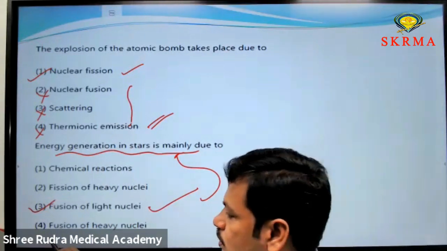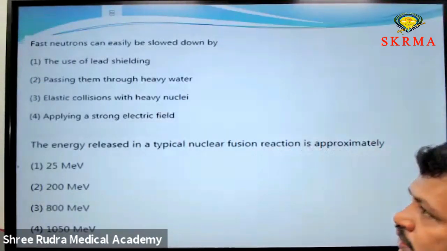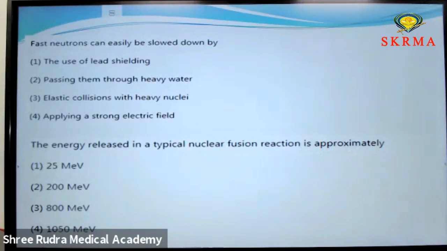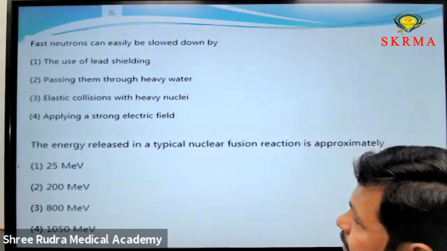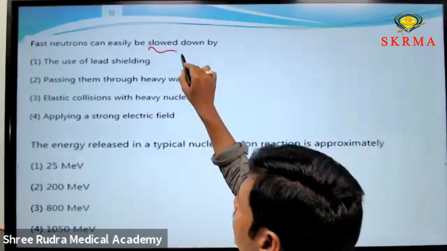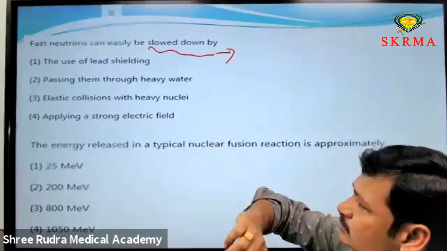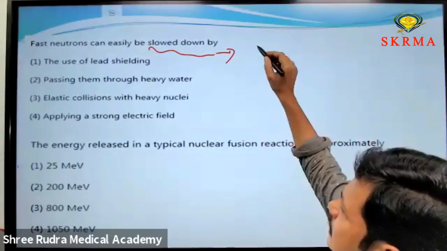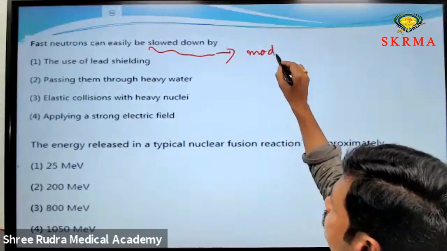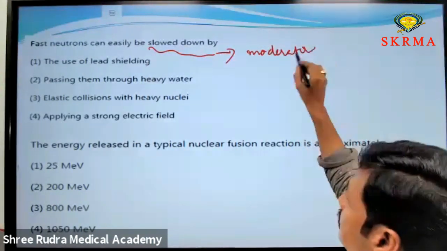Coming to the next one: fast neutrons can easily be slowed down by. Indirectly, they are asking whether neutrons are slowed down by cadmium rods, or absorbed by the cadmium rods. The basic thing here is the moderator. What is a moderator here?